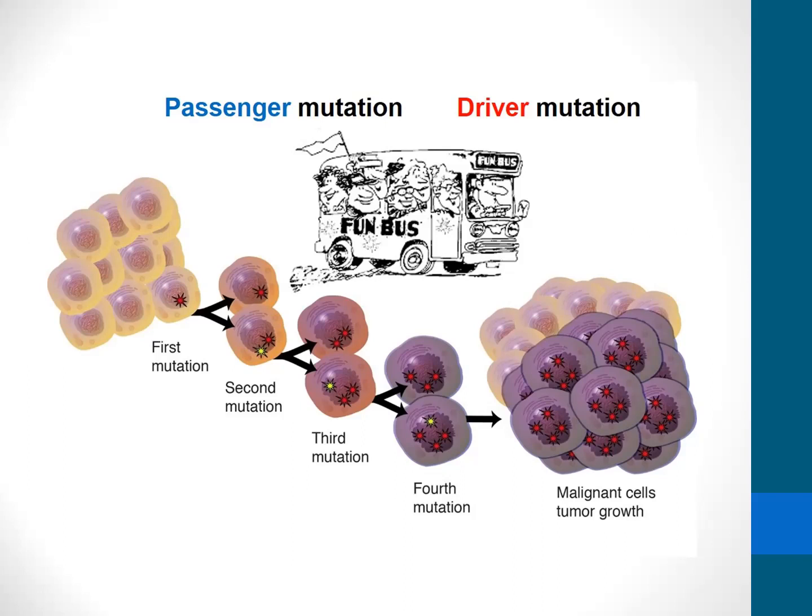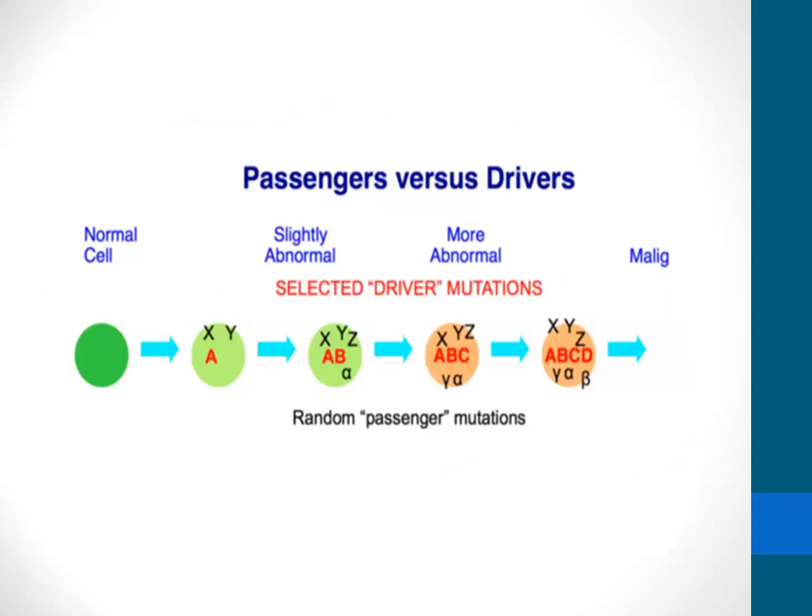They do not alter the phenotype of the cancer cells. Here you can see in the picture, the capital letters indicate the driver mutations which have an effect on the phenotype, whereas the passenger mutations just carry along, they do not have any effect on the phenotype of the cancer cells.